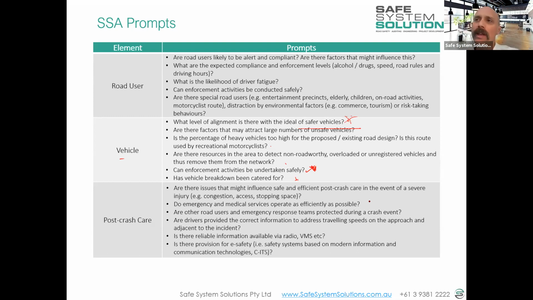So that's another one where we would just want to be thinking about infrastructure only improvements, but no, we've got a whole system to work with here, and are there other things that can be done?